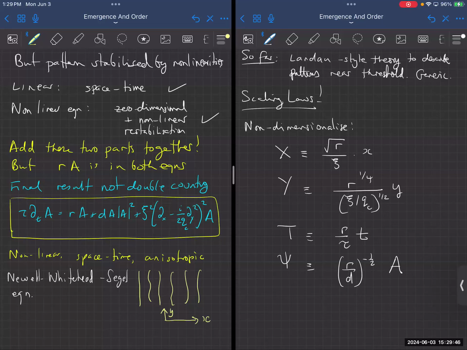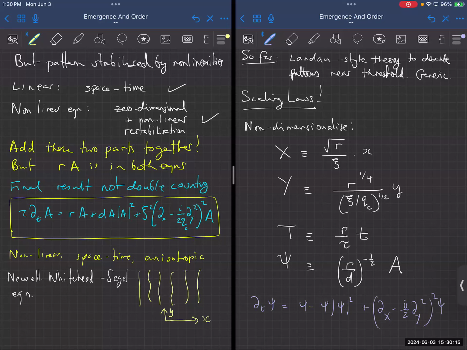Okay, so the goal is to non-dimensionalize. And then if I take those equations, my governing equation becomes this: d psi by dt is psi minus psi times the absolute value of psi squared, plus (dx minus i over 2 dy squared) times psi.